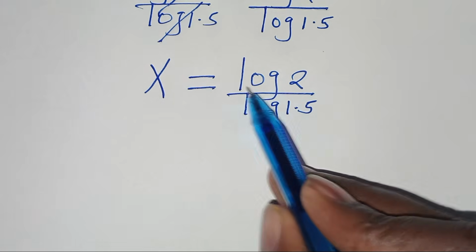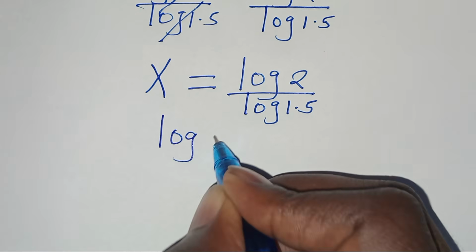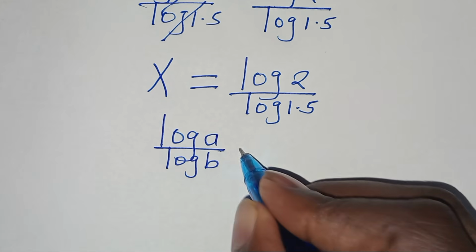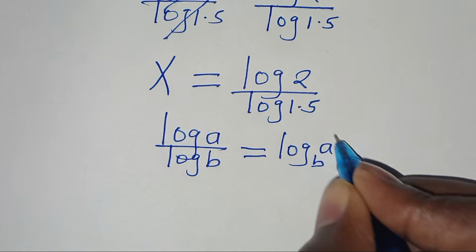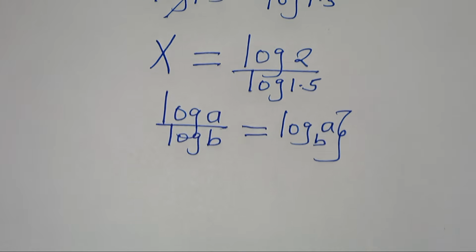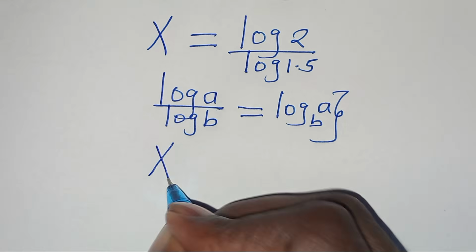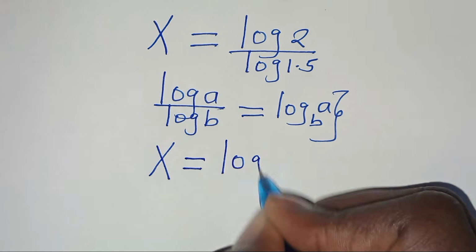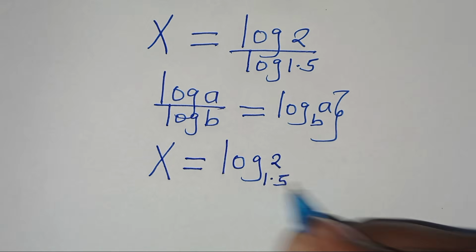Now we have log 2 over log 1.5. This is of the form log a divided by log b, which we can express as log a to base b. Applying this logarithm property, this implies that x is equal to log 2 to base 1.5.